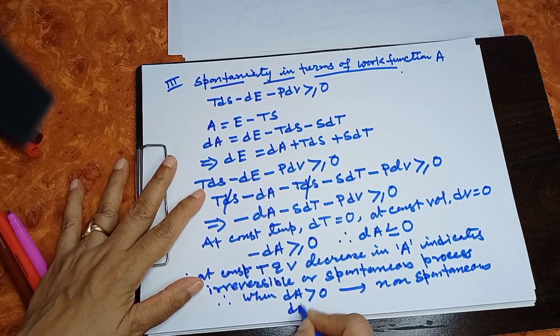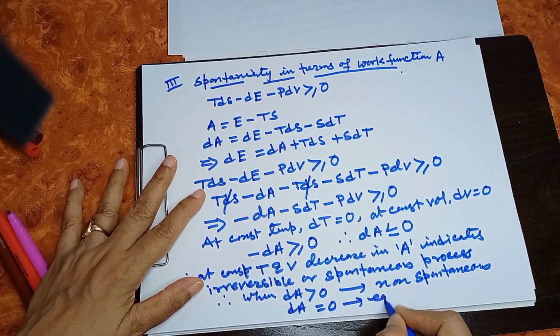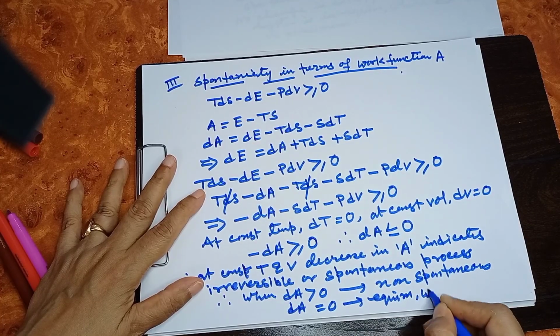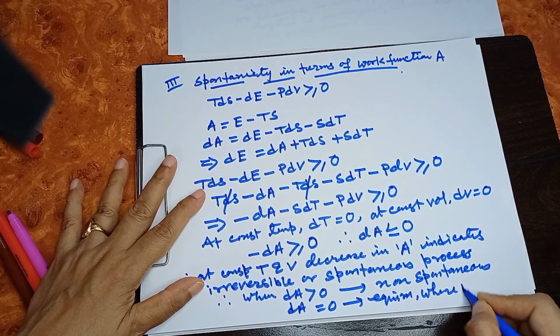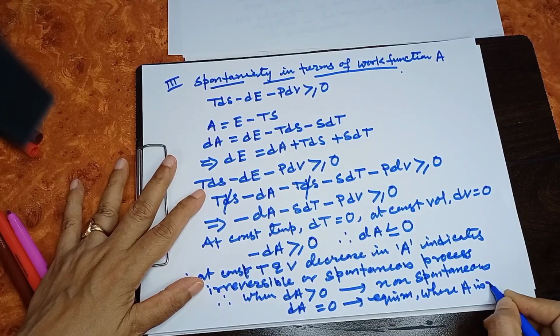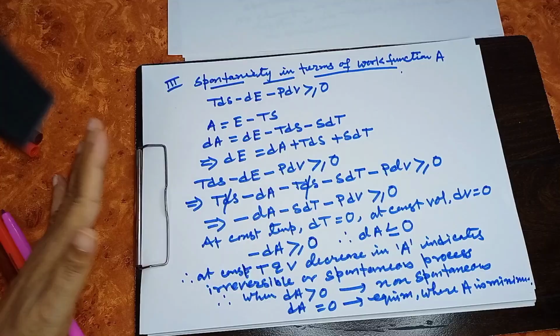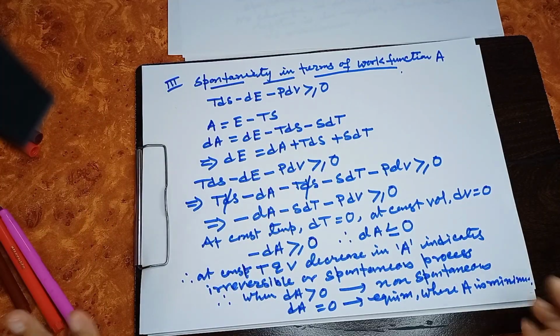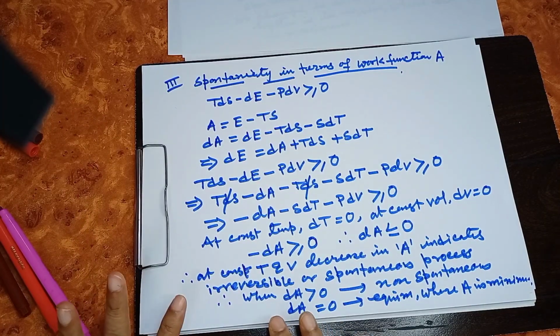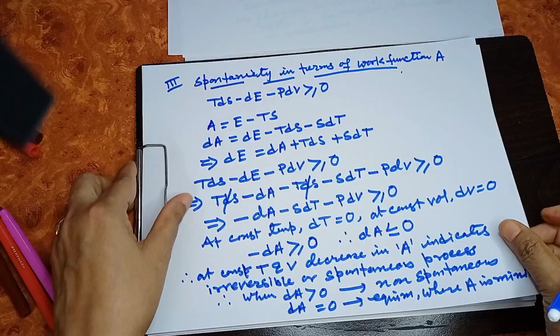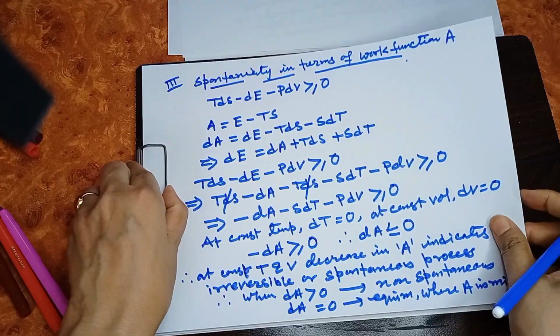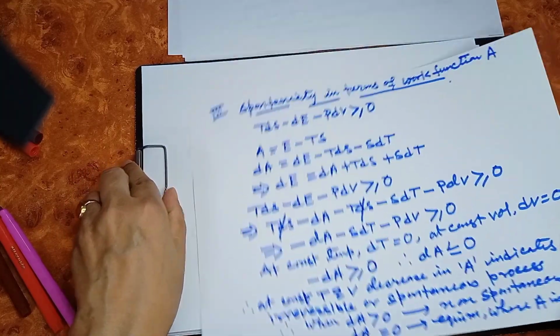And dA equal to 0 indicates equilibrium, where A is minimum. Okay, so this is the criteria for spontaneity in terms of work function or Helmholtz free energy function A.